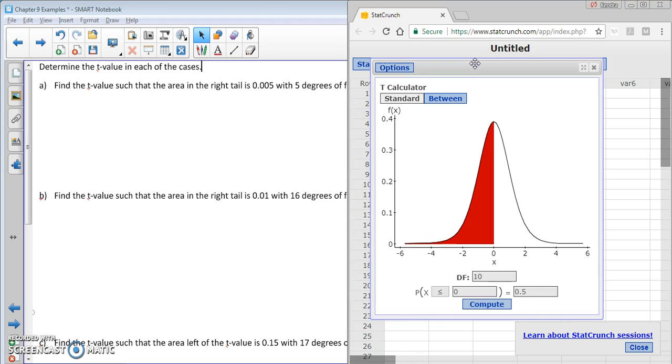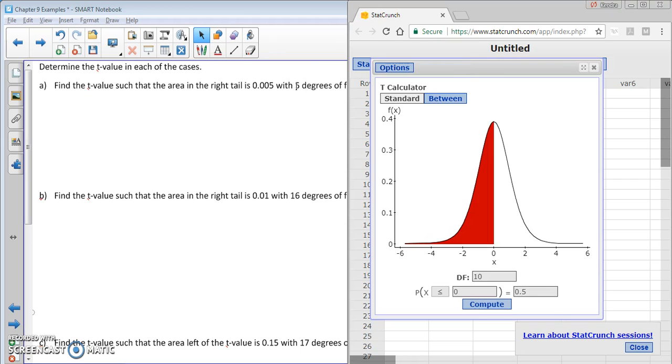So it isn't normal, but it approaches a normal distribution the larger our degrees of freedom are. So the larger n is, the closer it is to the normal distribution. It's still symmetric about the mean. The properties are in the PowerPoint, so you can read through those.